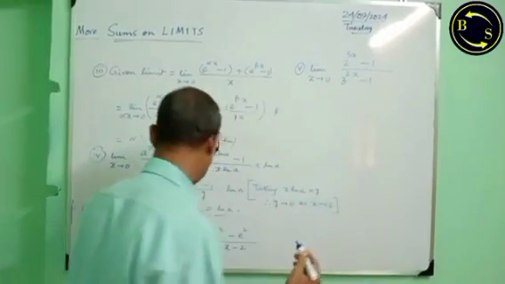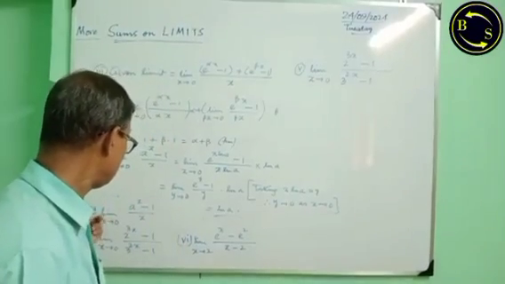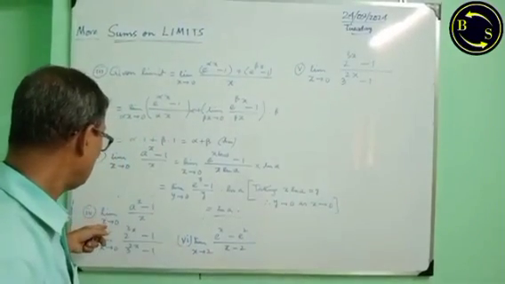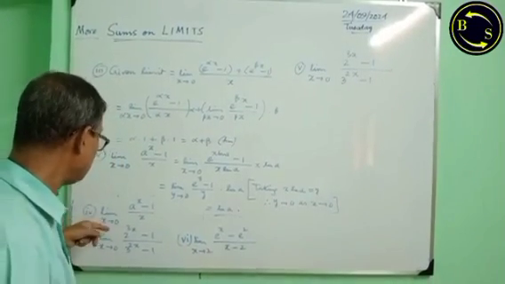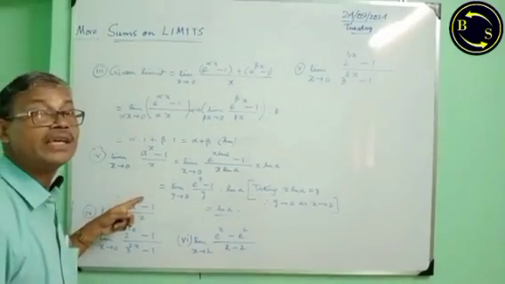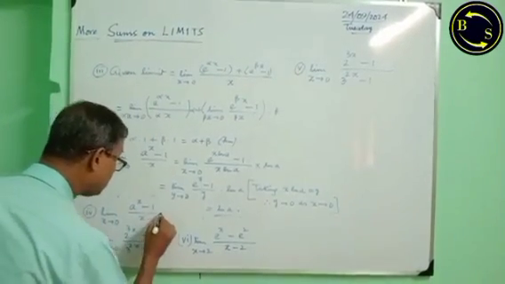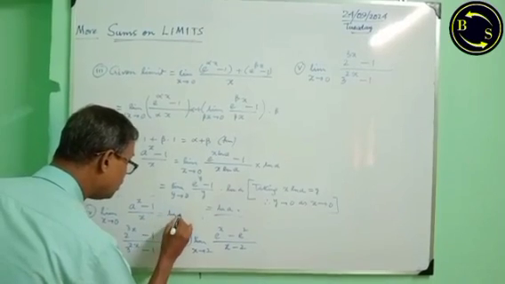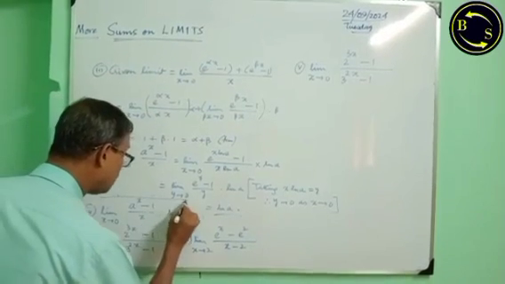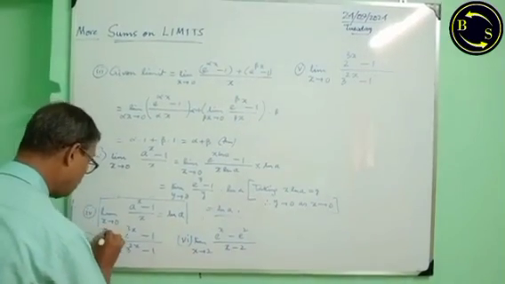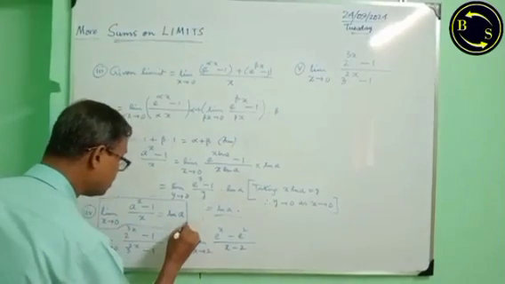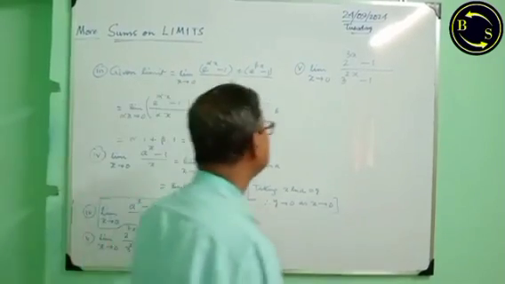Now, I shall use this standard form, limit x tends to 0, a to the power x minus 1 divided by x, which will be treated after this as a standard limit.